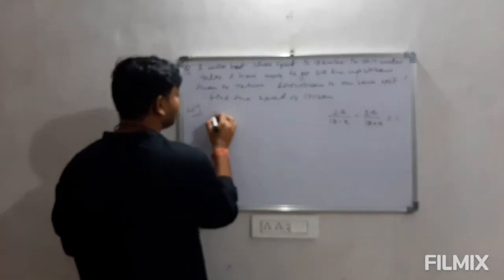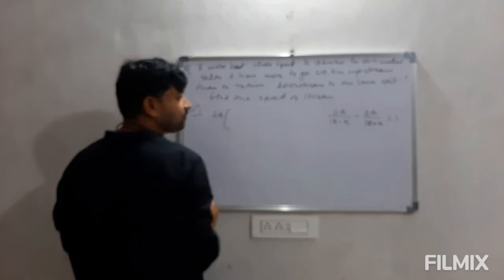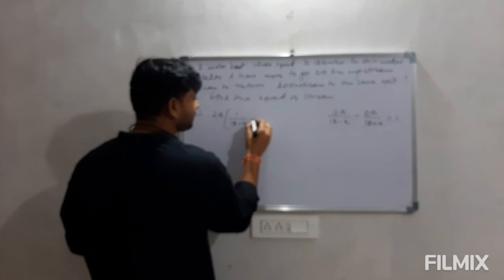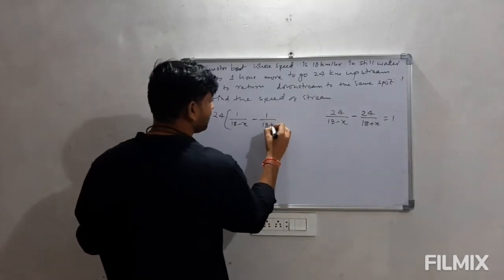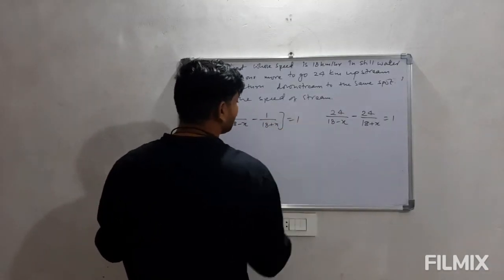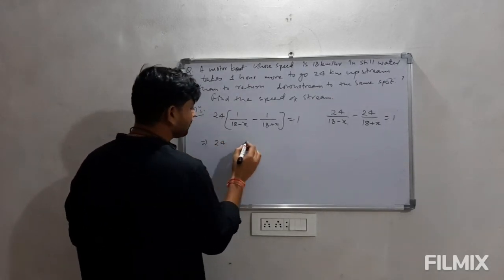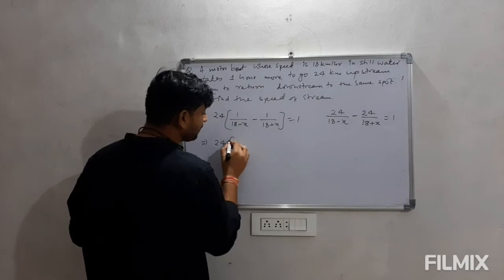expression. Clearly, if we look at it, we can take 24 out of this. So we will get 1 upon 18 minus x minus 1 upon 18 plus x is equal to 1. From here, we can simply cross multiply it.